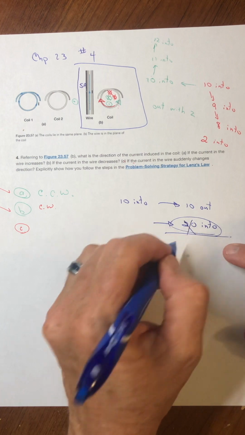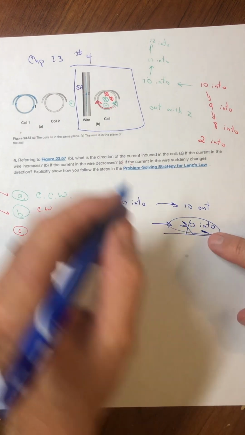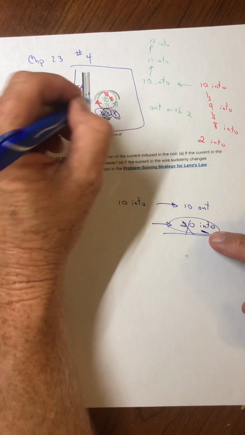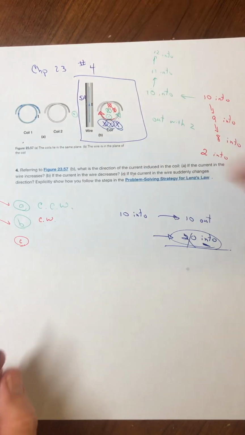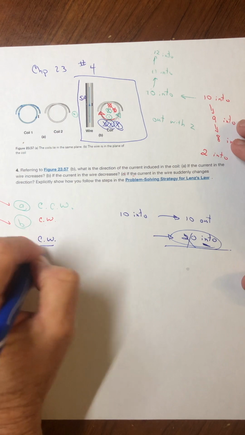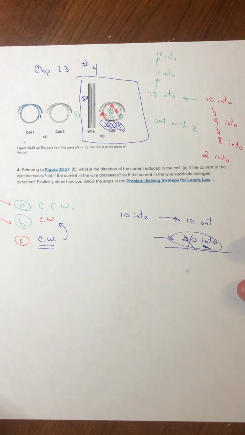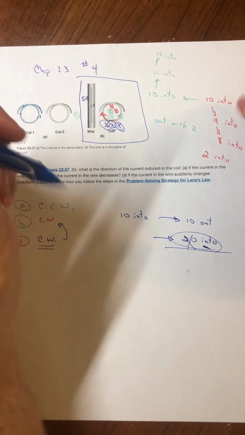Now, again, I'm just making up numbers here, but the point is it's got to be into. So I'll put in blue here, into. And so again, it's got to be clockwise. And you can see it's going to be the same answer as B, because B was a decrease, and that's really what we're saying there.